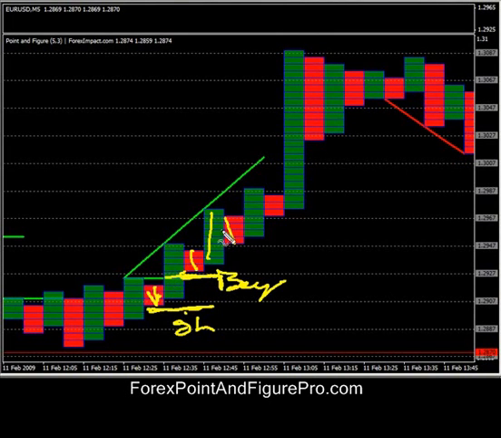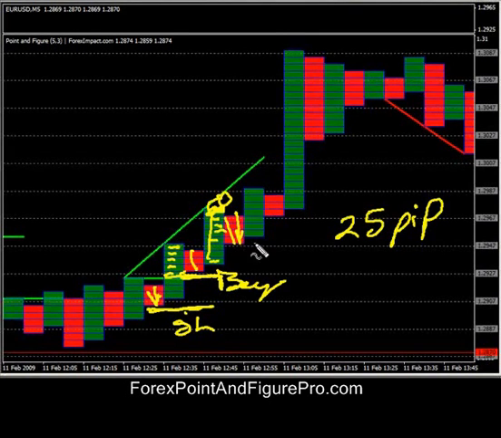And you've got to remember, each box here is worth 5 pips. So 1, 2, 3, 4, 5 boxes, that's 25 pips within the first move. Then it pulls back, and then it pushes higher, and even goes 30, 35, 40, 45, 50. So we're at 50 pips at the close of this column, and then it starts to reverse.